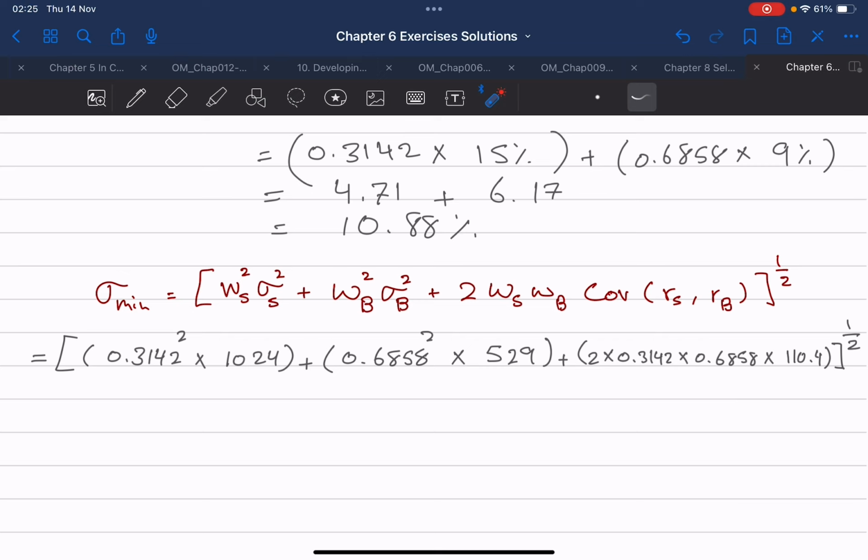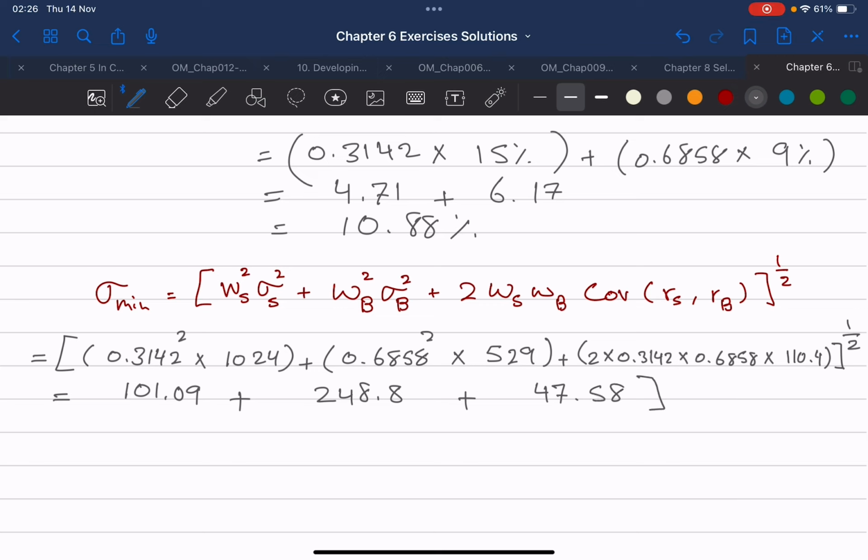0.3142 to the power of 2 multiplied by 1024, and I got 101.09 plus 0.6858 to the power of 2 multiplied by 529, and I got 248.8 for this one, plus 2 multiplied by 0.3142 multiplied by 0.6858 multiplied by 110.4, and for this one I got 47.58.